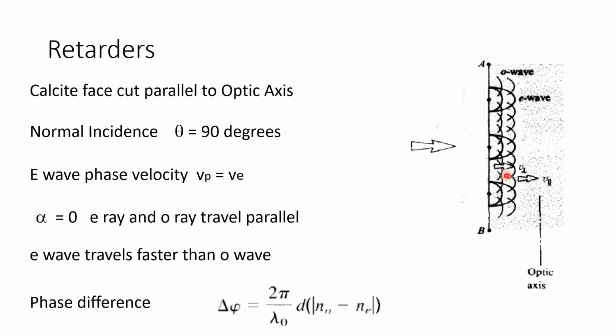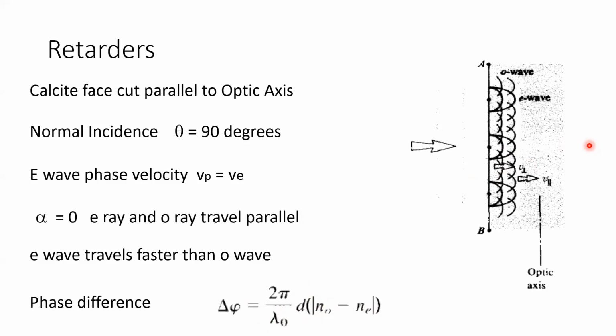That phase difference is proportional to the distance traveled in the crystal and the difference of the two refractive indices, NO and NE, because they give you VO and VE. So when these two rays come out, they are traveling together, but there's a phase difference.